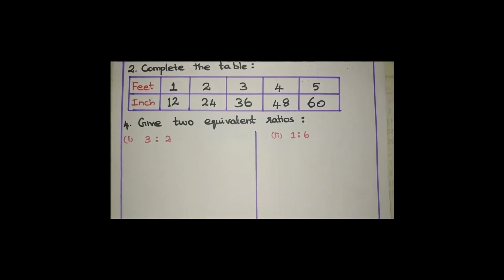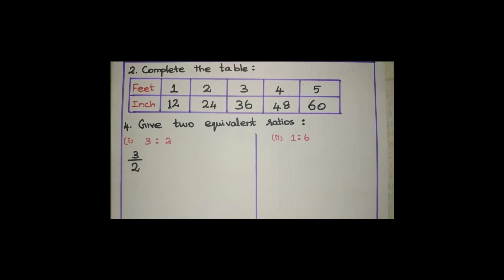Give two equivalent ratios. In the question, they have given one ratio. You have to find two equivalent ratios for the given ratio. So let's write the ratio in terms of fraction. Let's take one number. So let's take 2. You have to multiply the numerator and denominator by the same number.